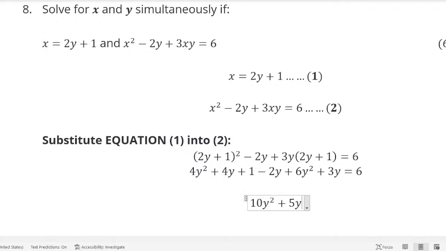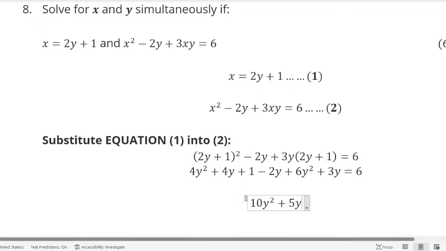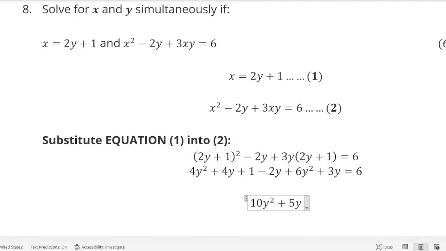Then now let's calculate the constant. So it's gonna be 1 minus 6, because the sign will change when 6 comes to the left hand side. So 1 minus 6, that will be minus 5, is equal to 0.